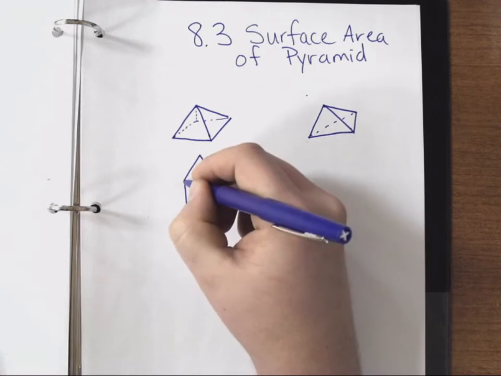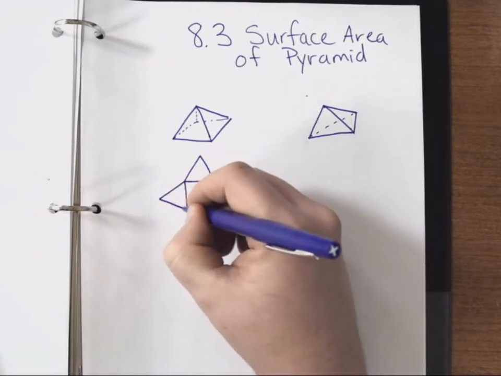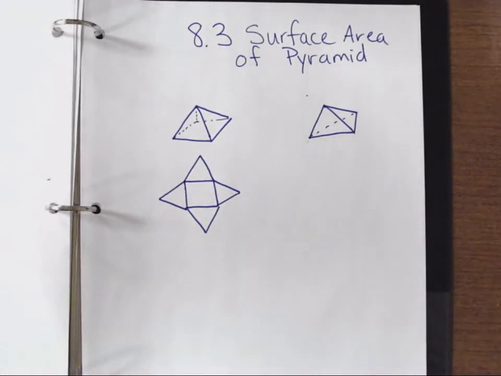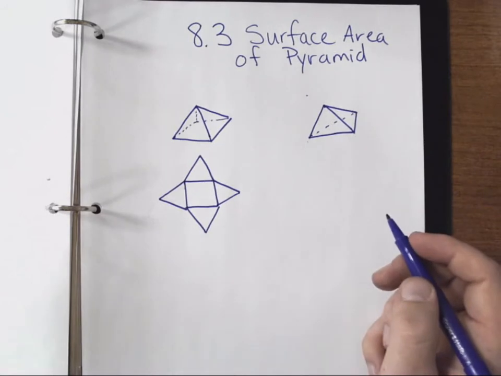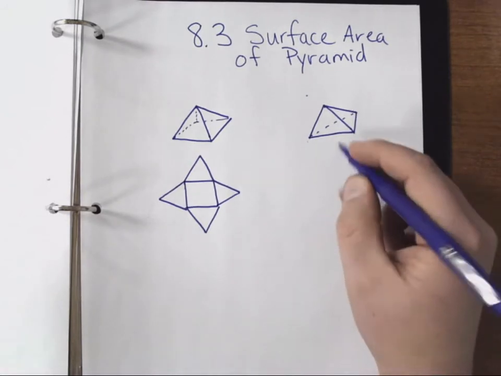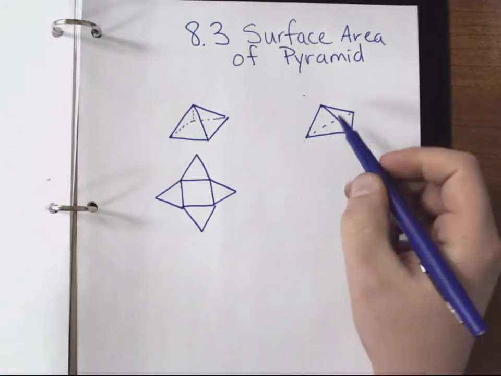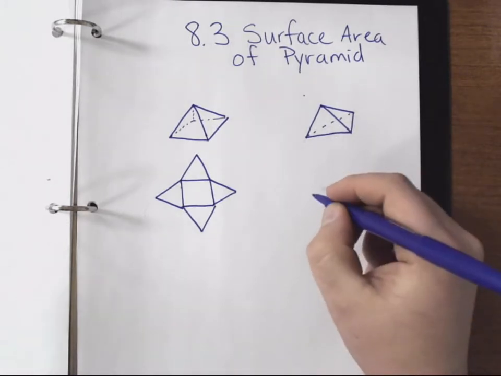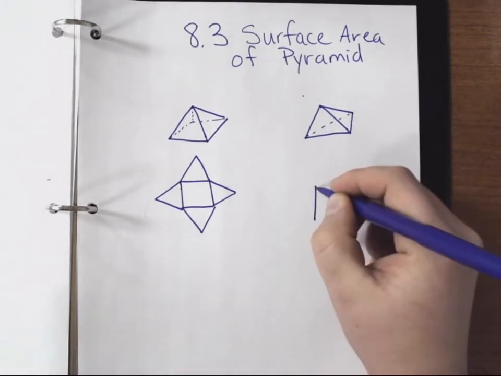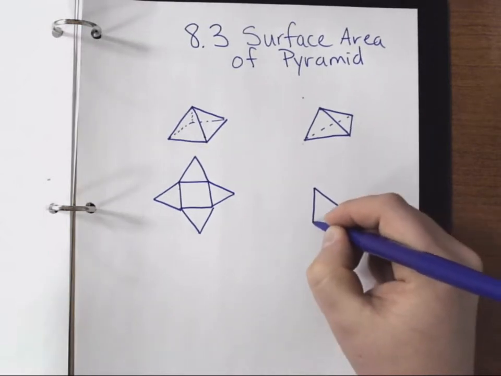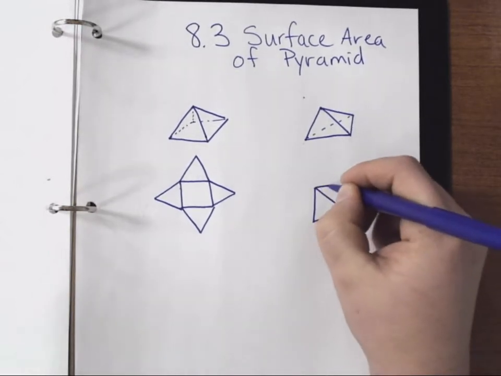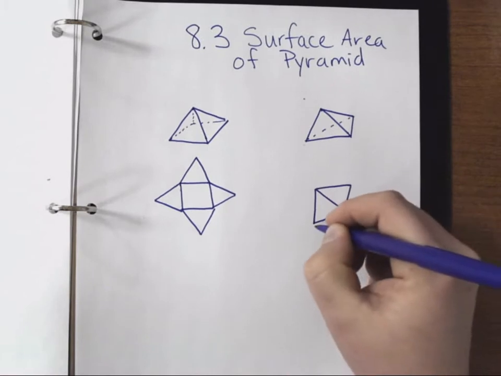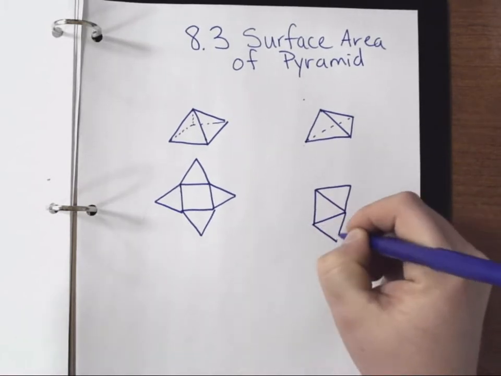Right now we're going to focus on equilateral triangles on each side. Our triangular pyramid will be different because our base is a triangle, not a square or a rectangle. So we're going to have a triangle in the middle with also triangles off of each side.